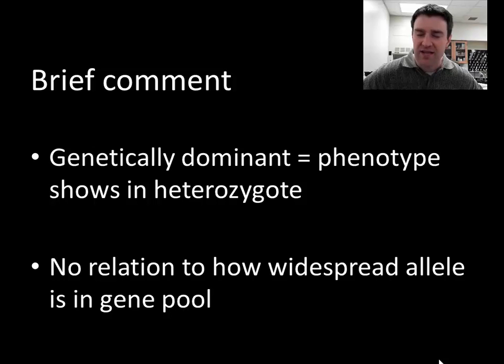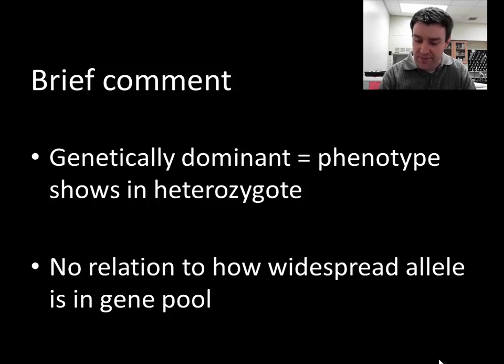Remember that all it means to be genetically dominant is that if you have an organism that's heterozygous and has both alleles, then the dominant allele will show up in the phenotype. So something can be genetically dominant and yet not very widespread in the gene pool because maybe an evolutionary force is not increasing it very much.